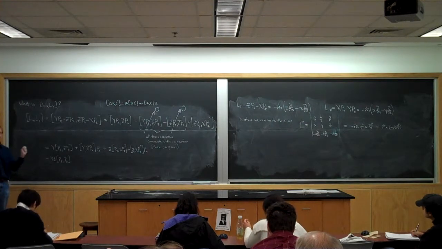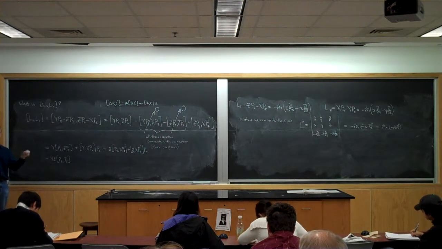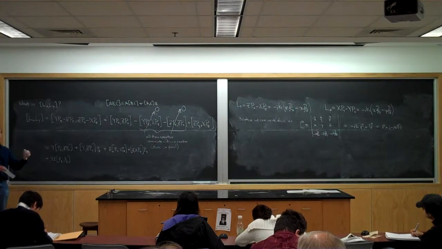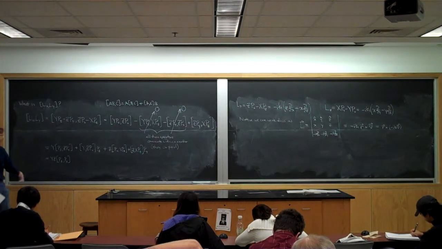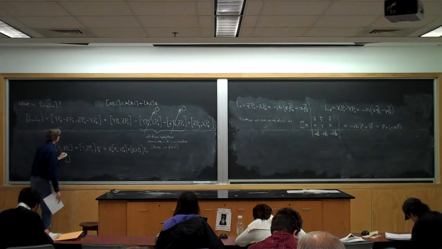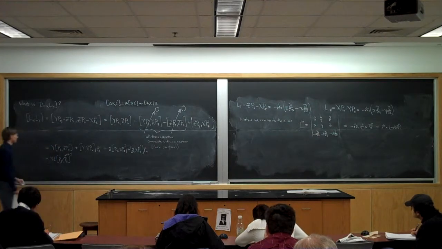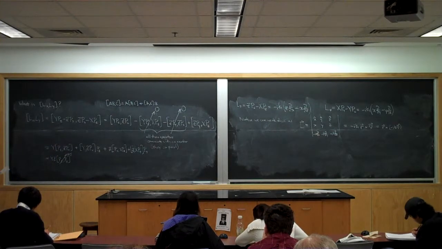Zero, because remember, the x, y, z, px, py, pz all commute unless it's two x's, two y's, or two z's coming together, one as a position operator and one as a momentum operator. Any two momentum operators commute, so that term goes away.